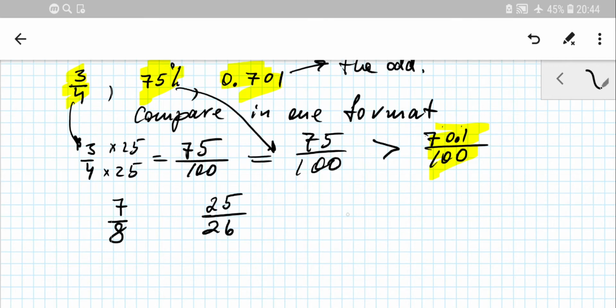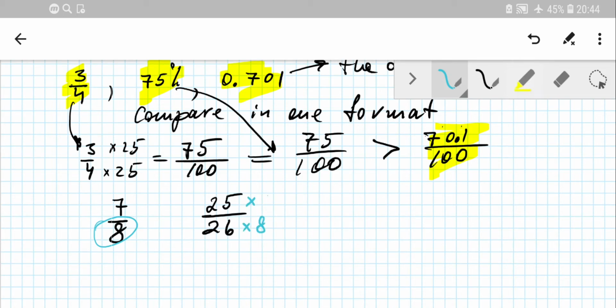If you decide to align denominators, you take this denominator and multiply the bottom part and the top part by 8. To align the denominator with 8, you need to multiply by 26 the other way back. So you take 26, multiplying the top part and the bottom part. Now you don't need to calculate the denominators, but you see they are the same, 26 times 8, that's the same as 8 times 26.